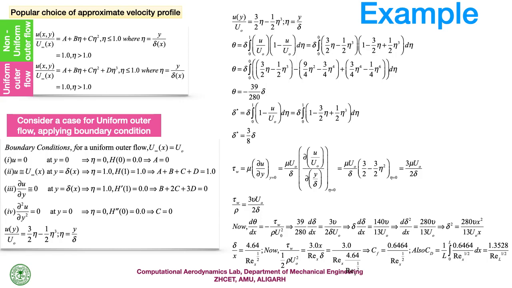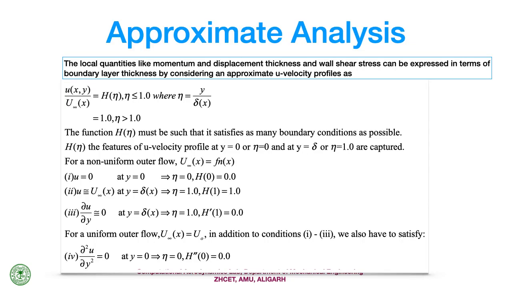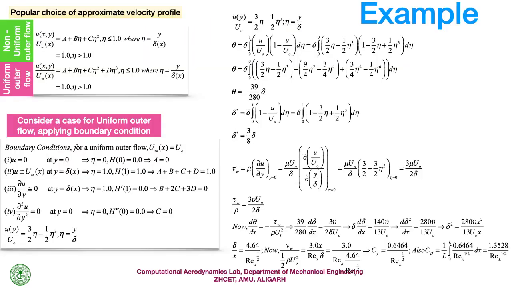But if you want a non-uniform outer flow, because of the boundary conditions, four boundary conditions need to be satisfied. So the polynomial equation must have four constants, which means a cubic equation is needed. So now let us consider a case for a uniform outer profile, and we will assume a cubic velocity profile.